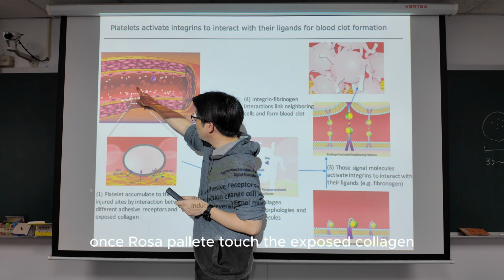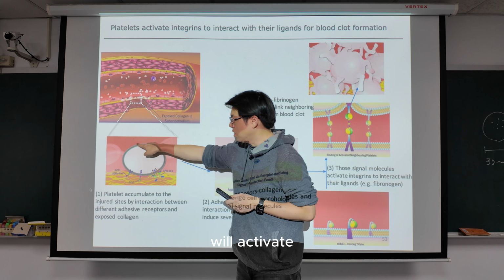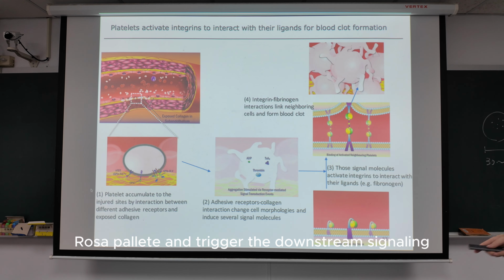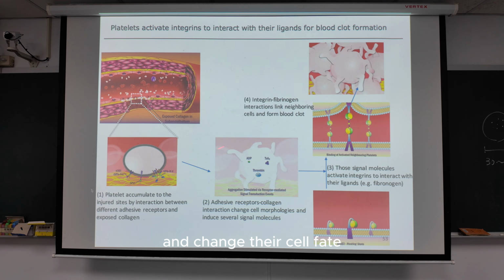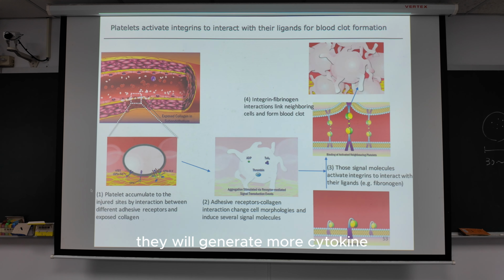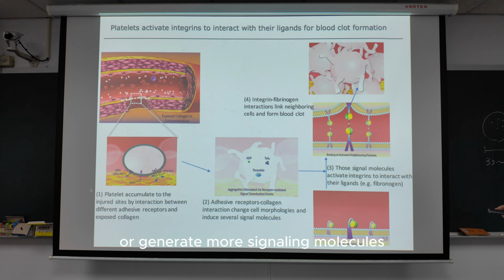And once those platelets touch the exposed collagen, it will activate those platelets and trigger downstream signaling. So the integrin from the platelet will be activated and change their cell fate. They will generate more cytokines or more signaling molecules, and they will also activate integrin.